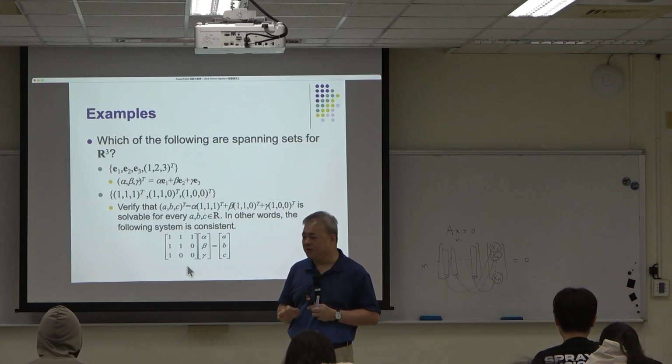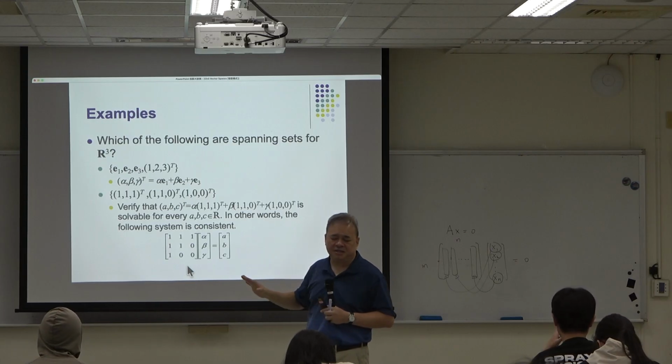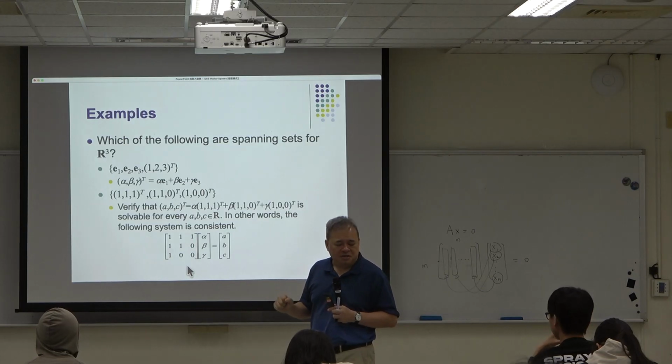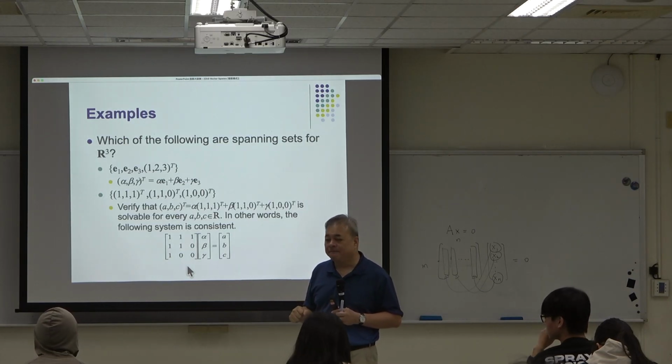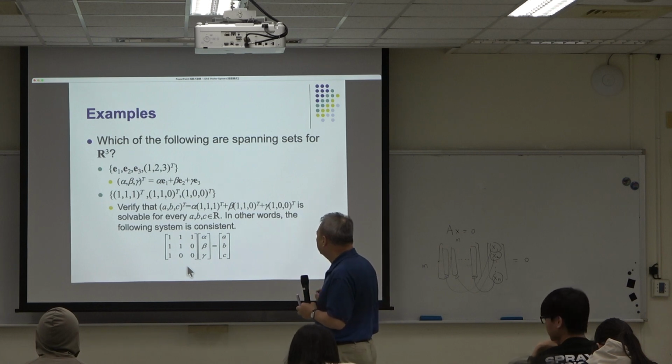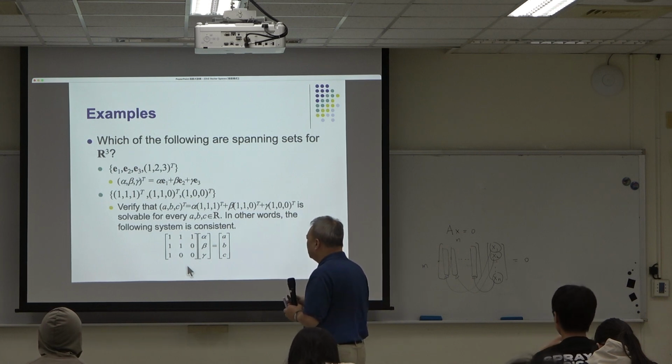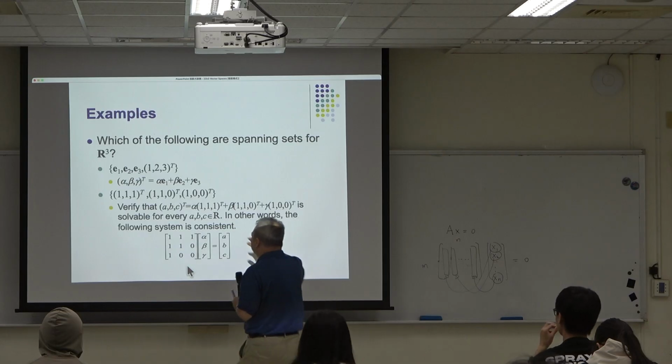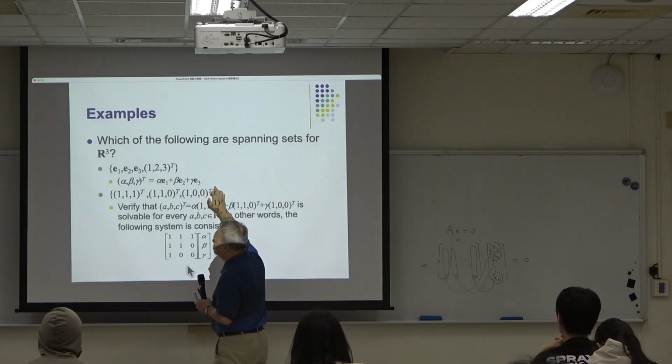But basically, we know that if you keep all those vectors there, it's more than enough to cover R3, right? As I said, you just need 3.